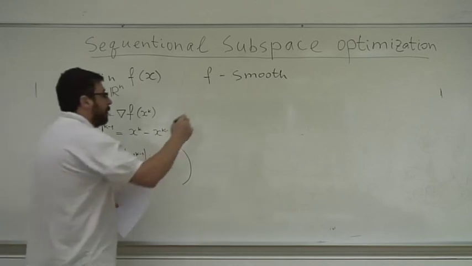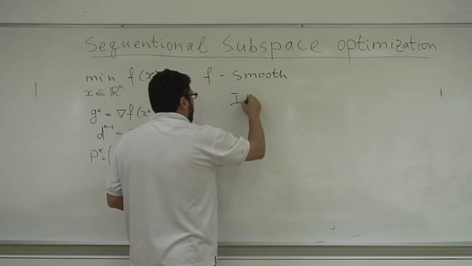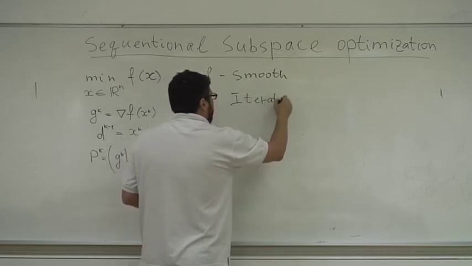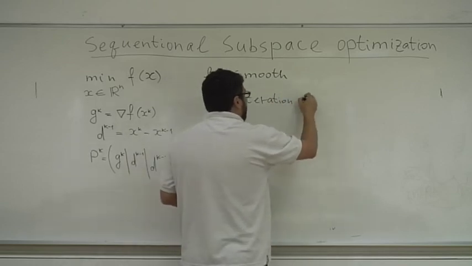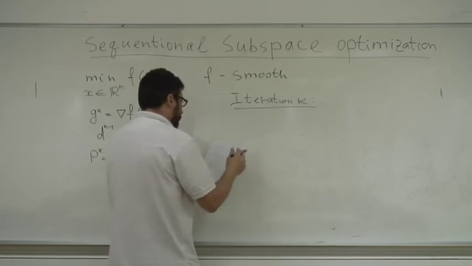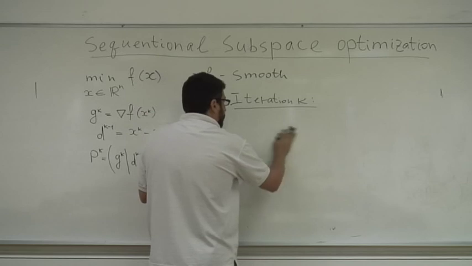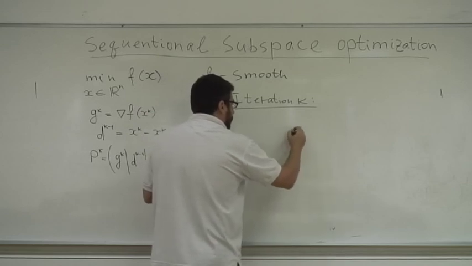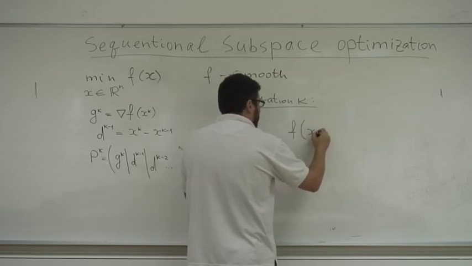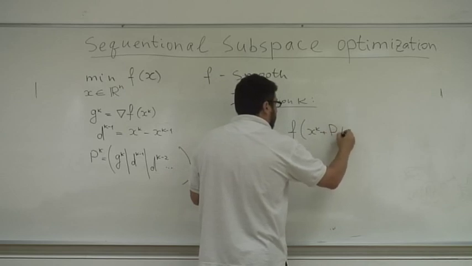And if I write formally what I do in iteration k of my algorithm, I just consider the function of xk plus P alpha.